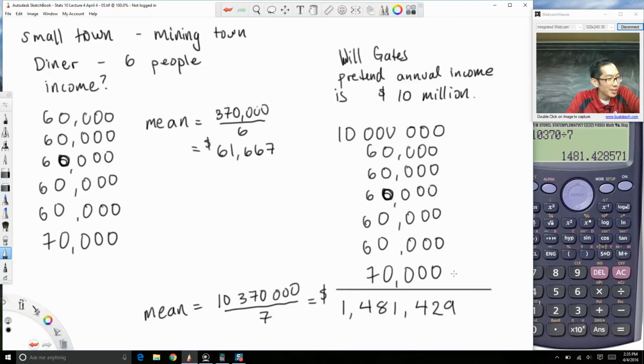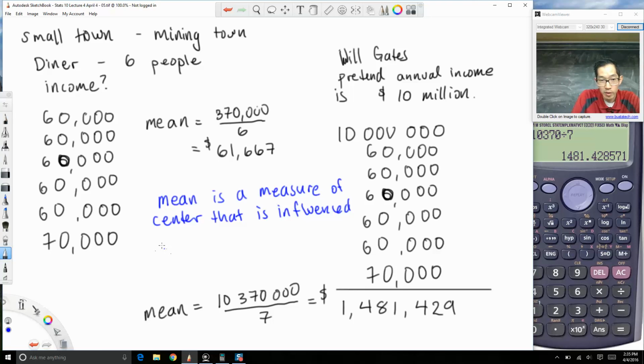This is where we see that the mean is very much influenced by outliers, or extreme values. So the mean is a measure of center that is influenced by extreme values.